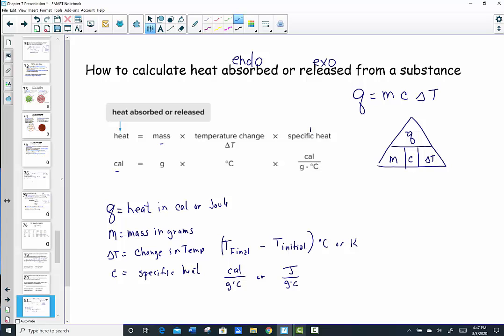So cover up Q and you get M times C times delta T. If I want to solve for specific heat, cover this one up and you get Q over M times delta T. So it's just a little visual to help us remember the algebra. Q on the top is found by taking mass times specific heat times the change in temperature.